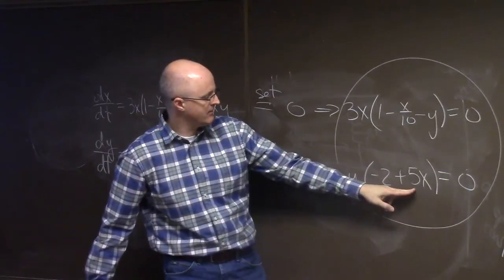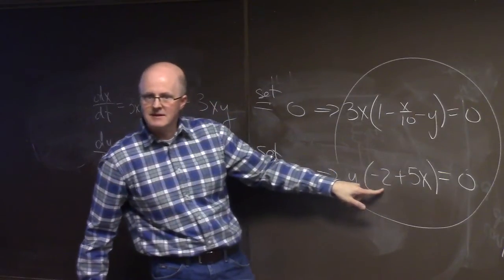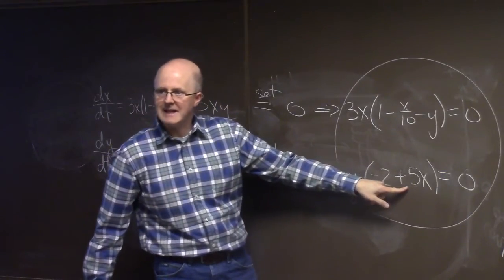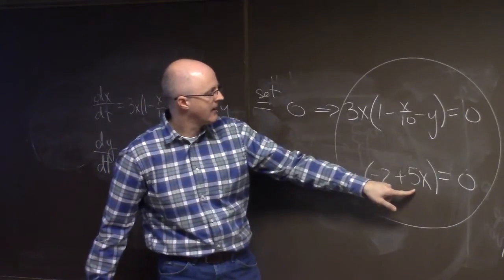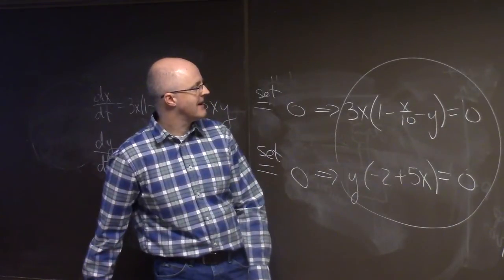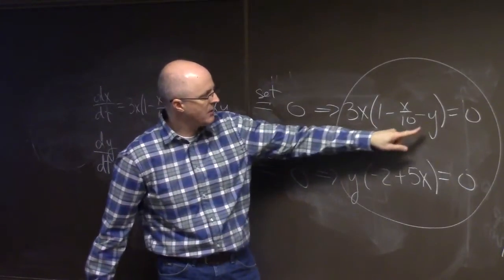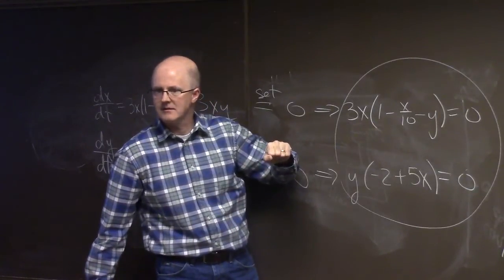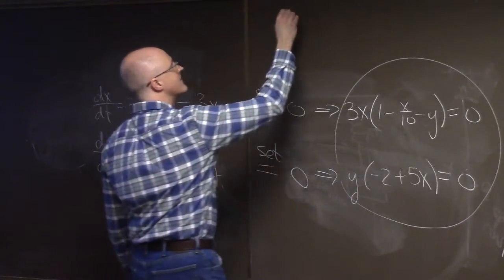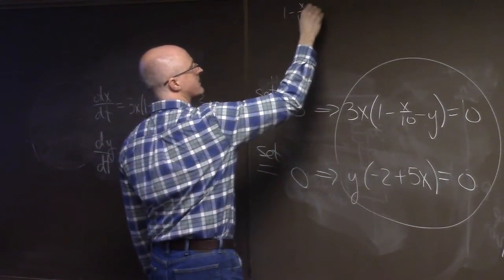X equals, what would it be? 2/5 is going to make that 0. And if x equals 2/5, I can make this 0 by an appropriate choice of y. Effectively solving this system of equations.